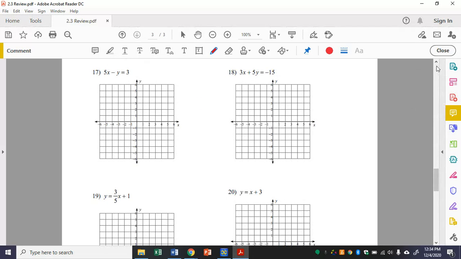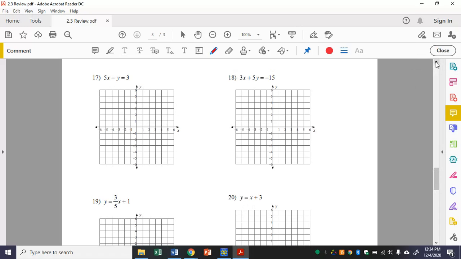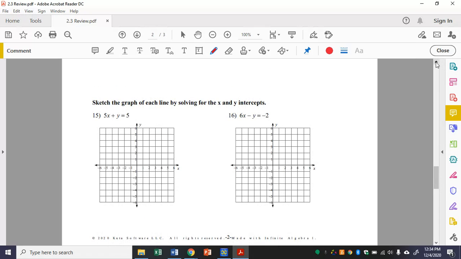So let's talk about slope, or finding the x and the y intercepts. Let's do number 16. We want to sketch the graph of each line by solving for your x and your y intercepts. What that means here is if I'm on my x-intercept, I'm crossing my x-axis, and on my x-axis, my y value is always equal to 0.